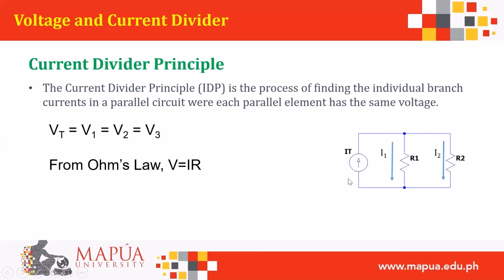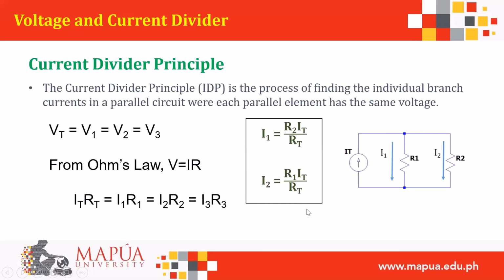So the general principle is, the ratio of the resistor not involved over the sum of all the resistances, multiplied by the total current, is equal to the current you are solving for, or the unknown current.